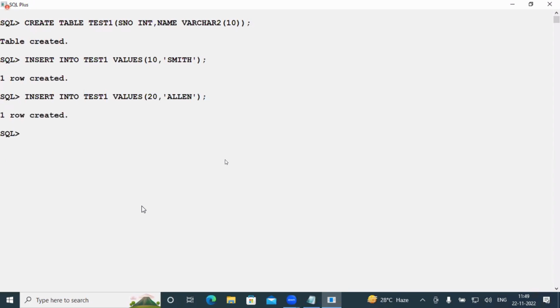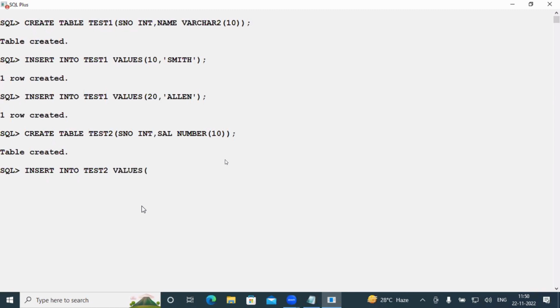Okay. The second table I'm creating here. Second table name I'm changing now, and here some columns I want to take, for example salary with number type. Okay, this is the second table. So into this table also, I'm inserting some data.